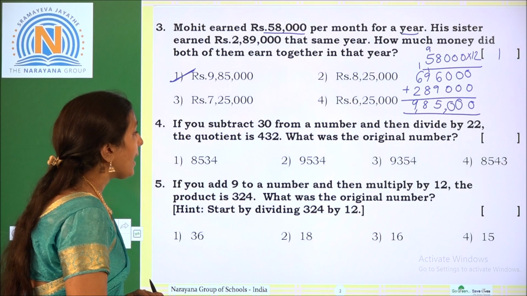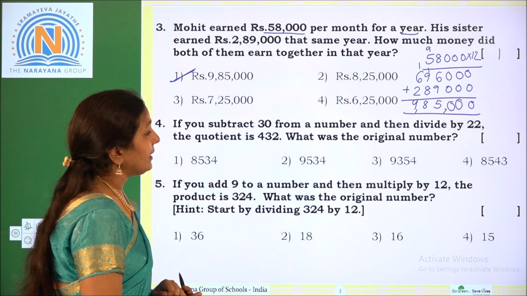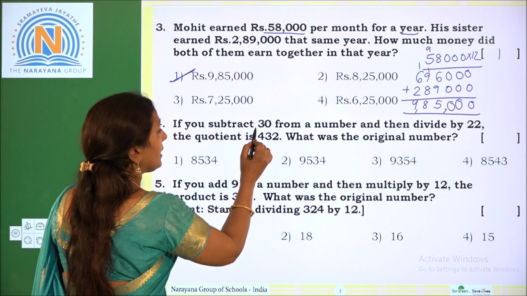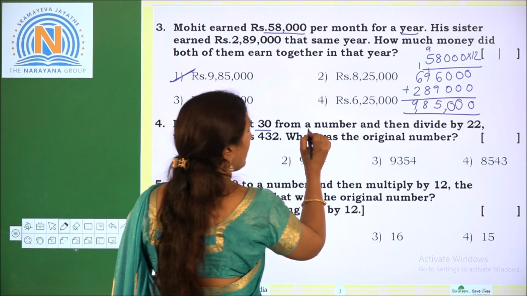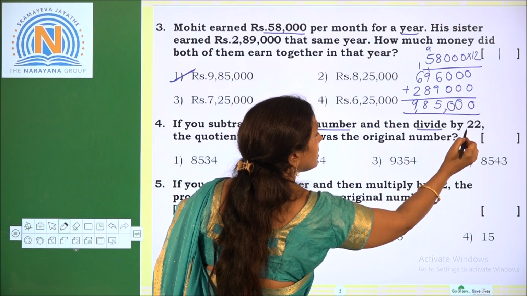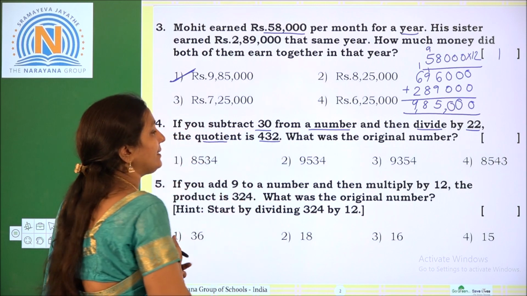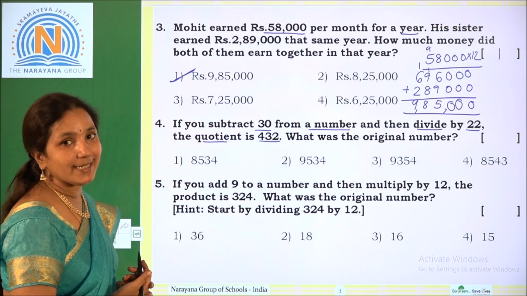Now, if you subtract 30 from a number and then divide by 22, the quotient is 432. What was the original number?